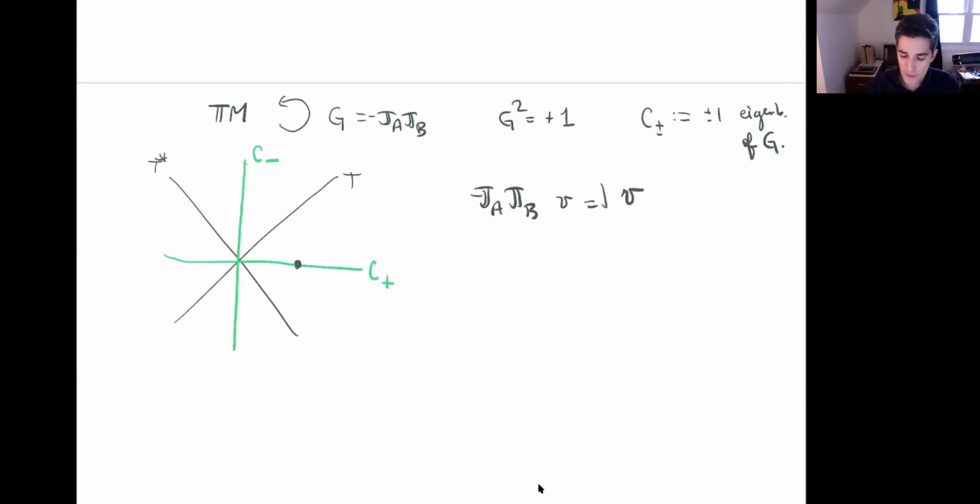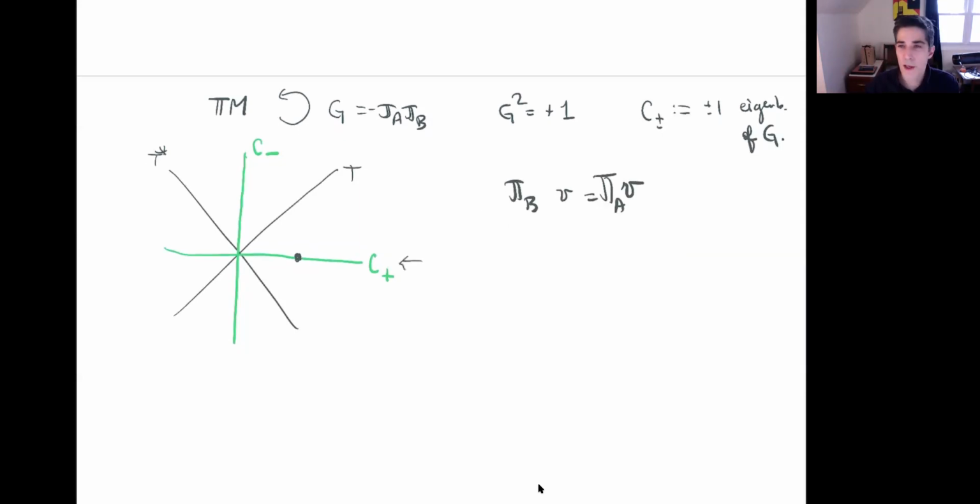That means I can just multiply by JA, and I get that JB and JA agree on that subspace. So this C plus is the agreement of JA and JB. And then on C minus, we have complete disagreement, where JA is minus JB.